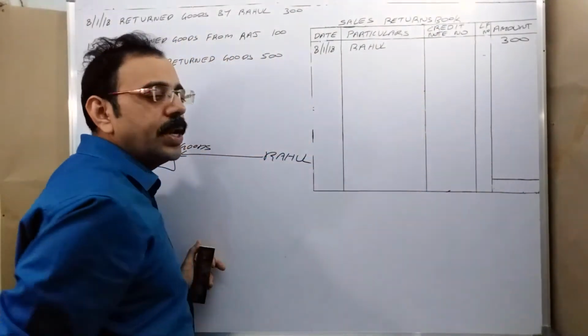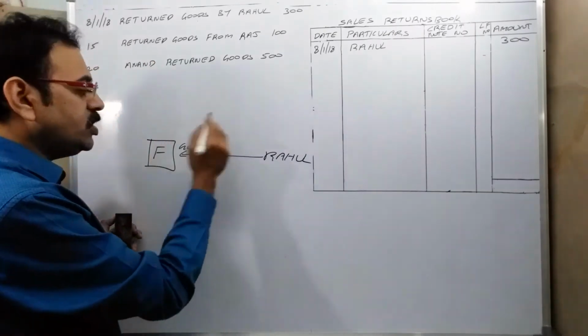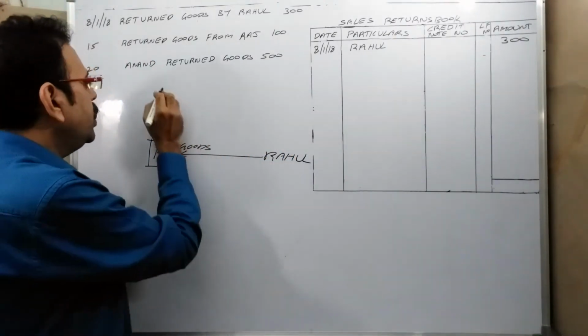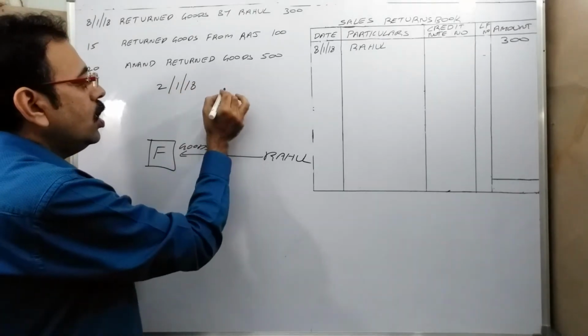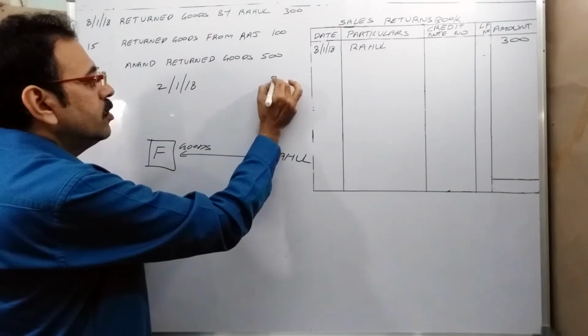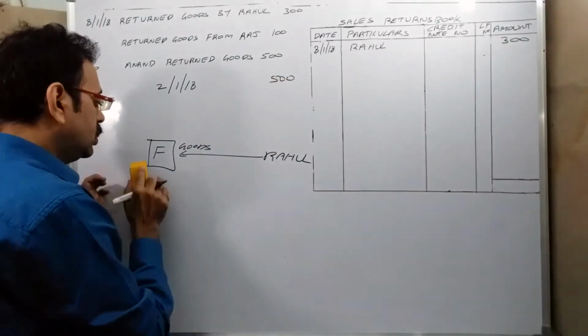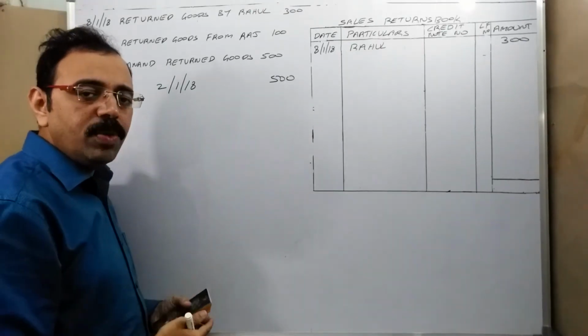Now, what is credit note number? Let us see clearly. Once we sold goods to Rahul, assume that we sold goods to Rahul on second date and the amount is 500 rupees. So what entry do we pass there?